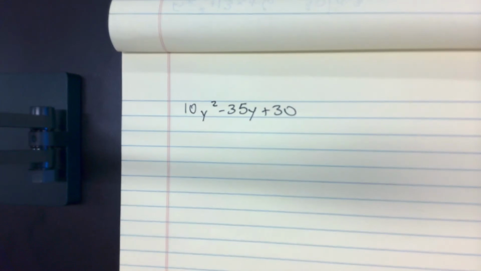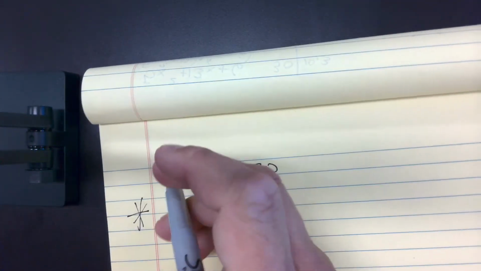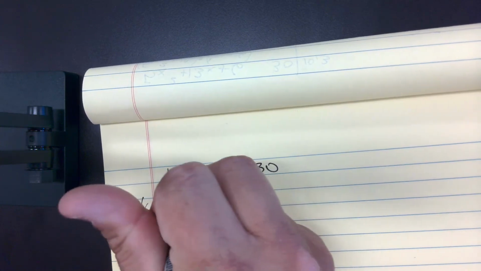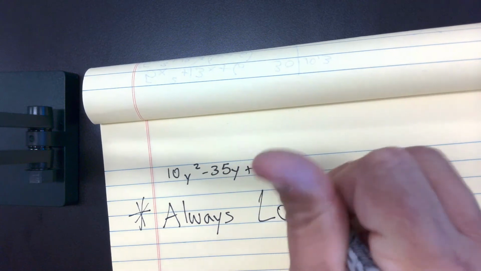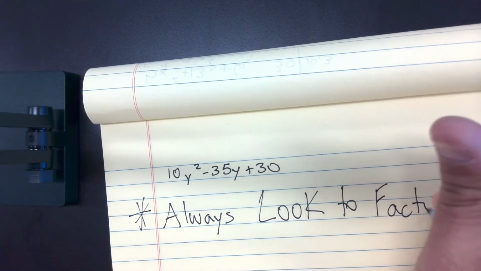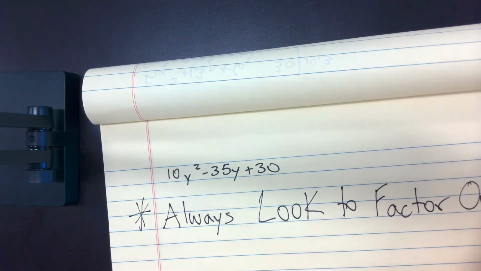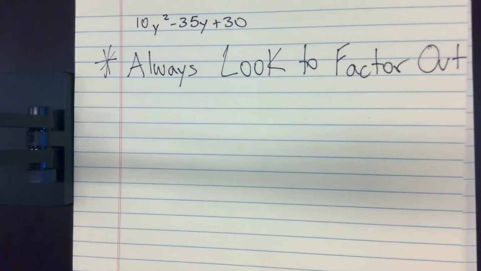I want you to fill up 2 lines in your journal. I want you to write: always look to factor out. I filled up 2.